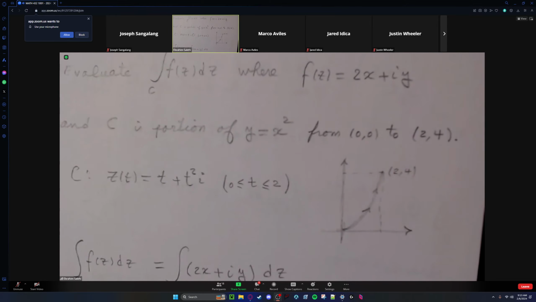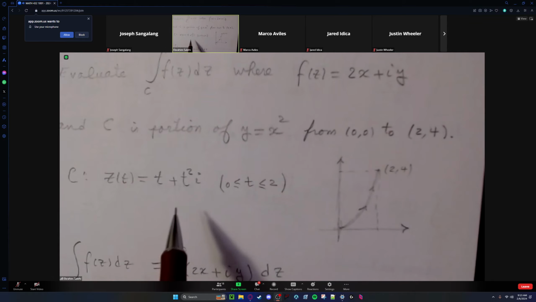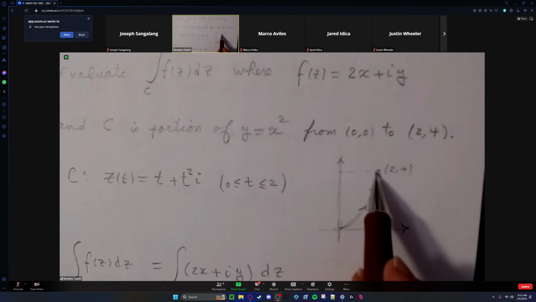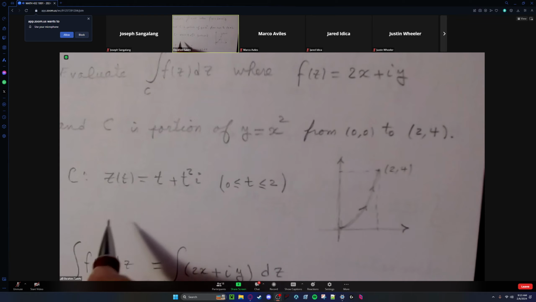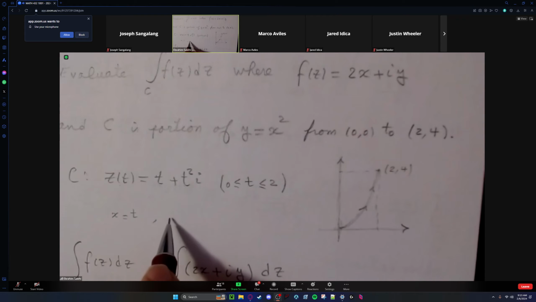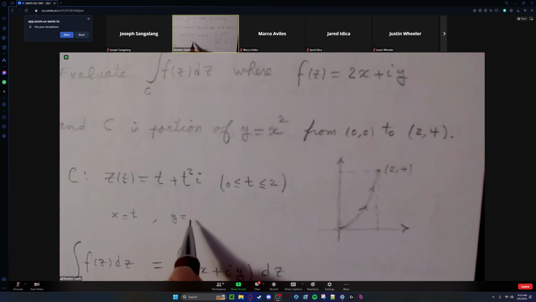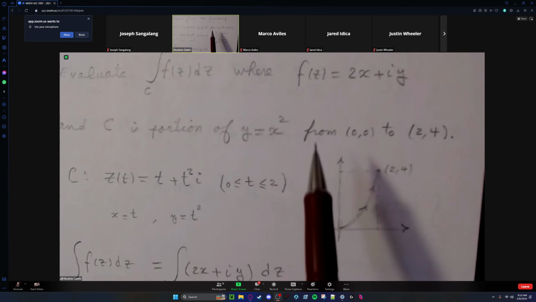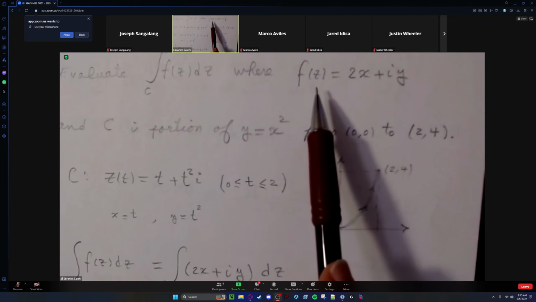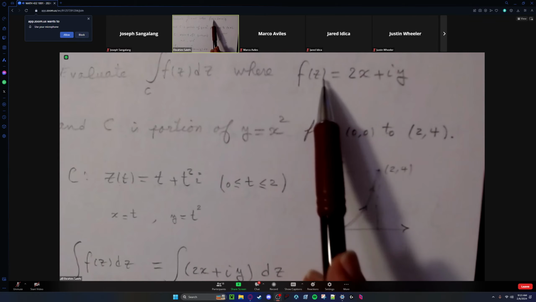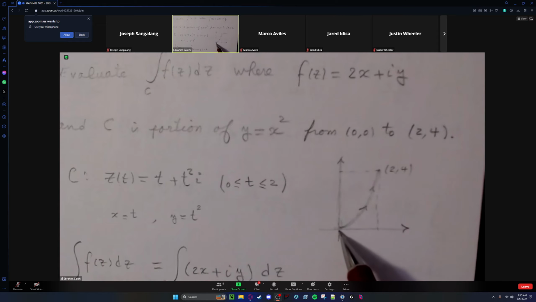Maybe I should tell you that any point along this curve, x is t and y is t squared. When you integrate, you restrict the value of this function over this curve.